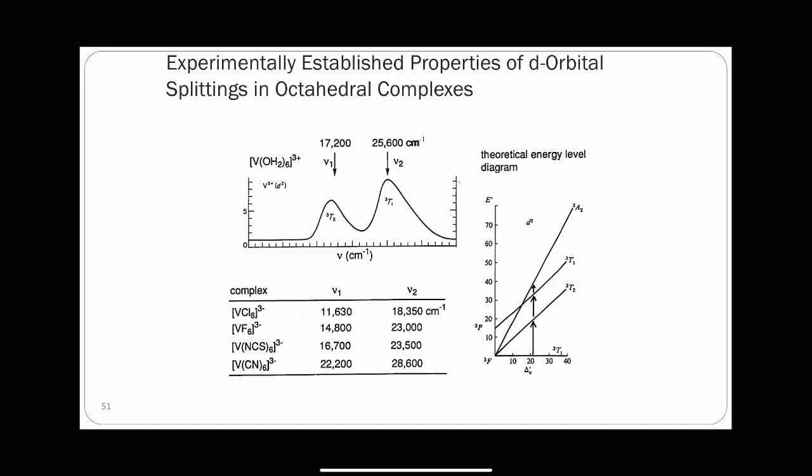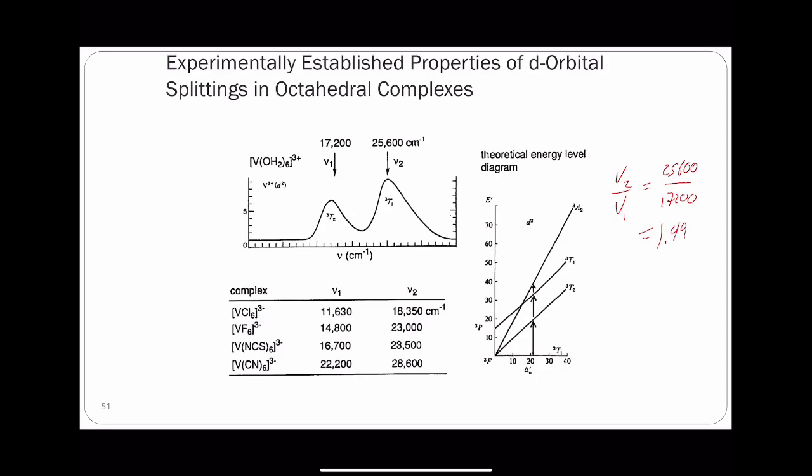If we then look at the ratio of our transitions, so the energy of those different transitions, in this case, let's say ν2 over ν1. So we can identify the ratio of the energies of our transitions. In this case, we have 25,600 over 17,200, which gives us a ratio of 1.49.